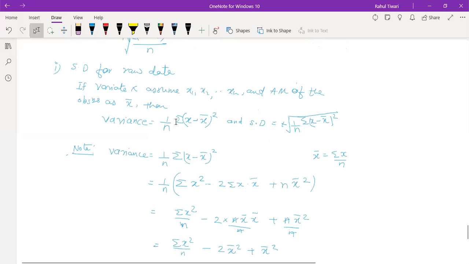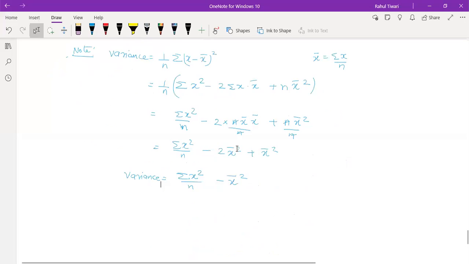Similarly, when we have a frequency for the raw data, I hope you can write the procedure as we have written for the median and mode. You may consider the same for that.